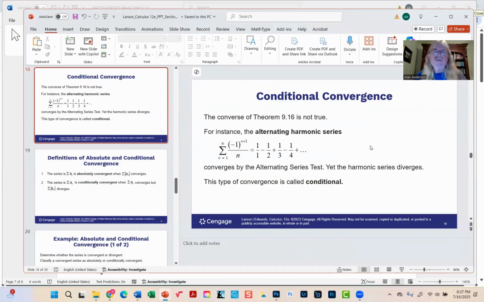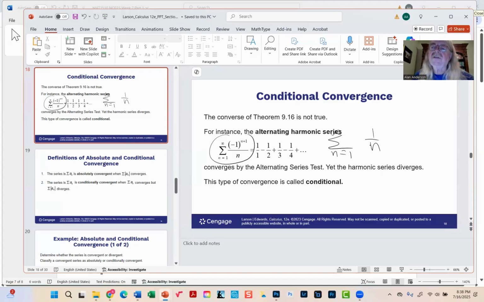So this one is defined as an alternating harmonic series, and this is just the regular harmonic series. And this is a p-series, and we already know that when p is one, the series diverges. So they're basically telling us that without the signs, the series diverges. With the signs, it converges.